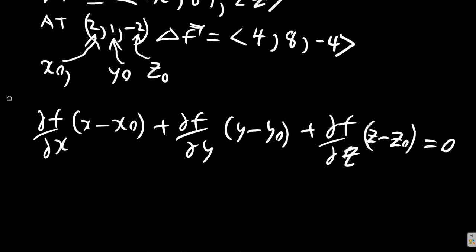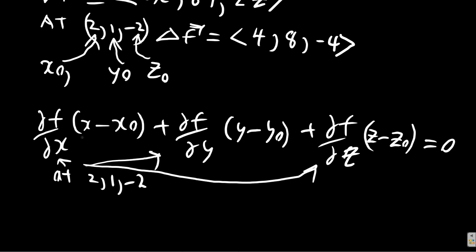And by the way, all of these partial derivatives occur at 2, 1, negative 2, alright? All of them occur at that point.